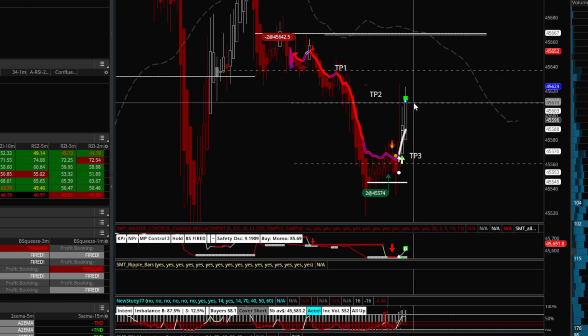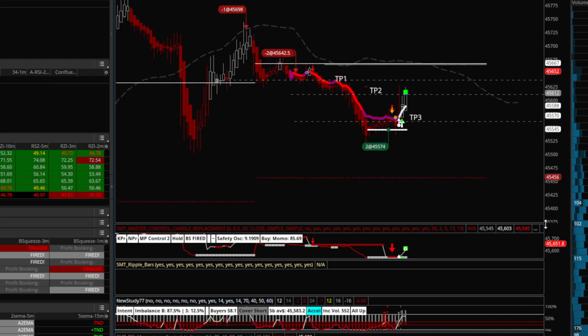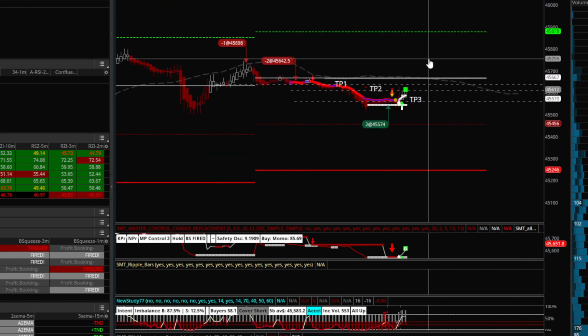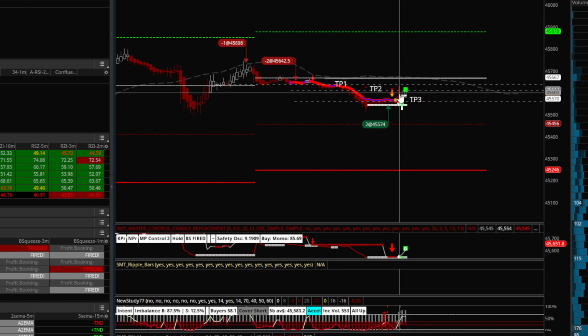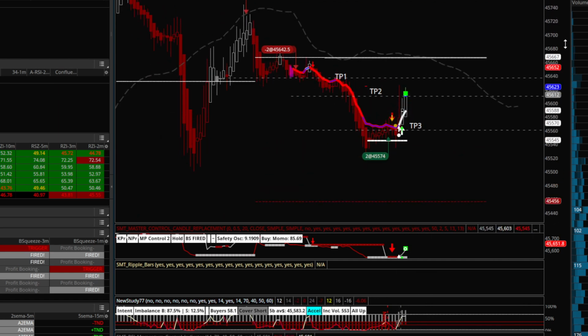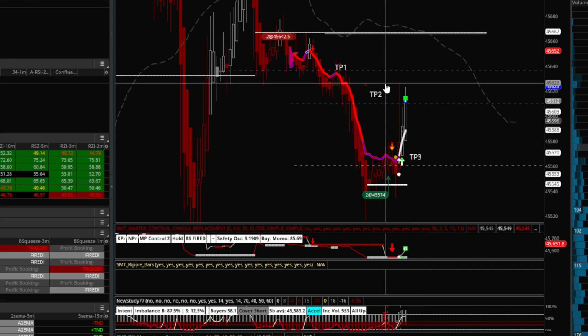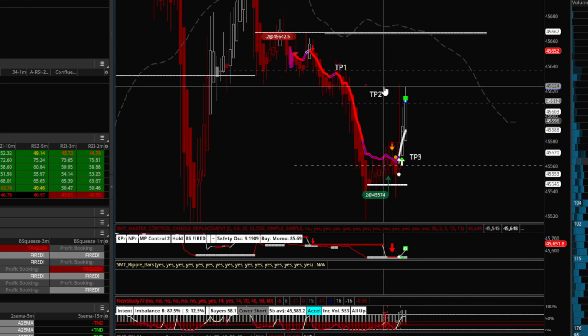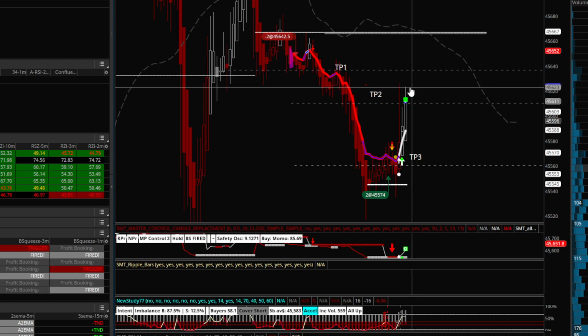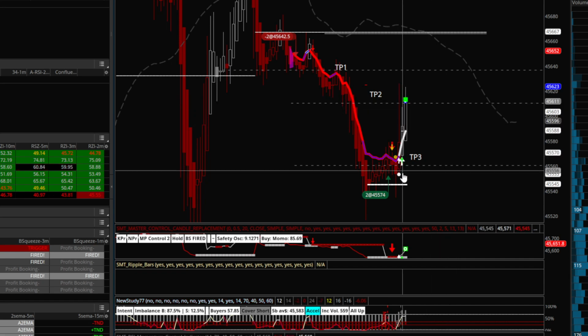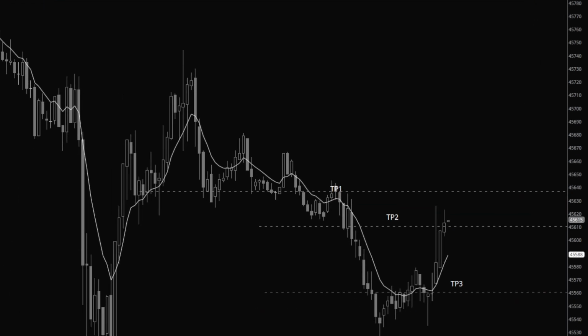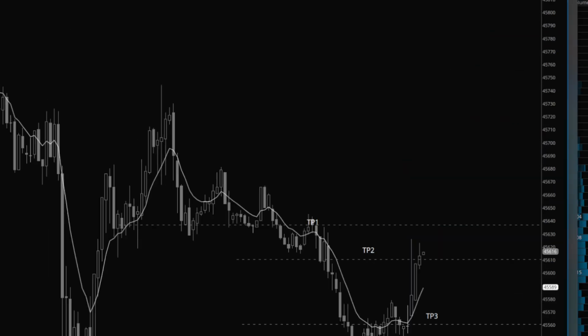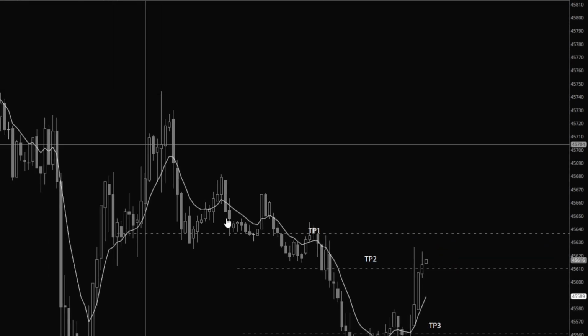Even this mid level, notice how it hits exactly midway between these two levels, which were the prior levels. You're always going to tag that mid level in between those major levels. So that was the target right there. Let me pull this over here just to get a nice clean view of this.